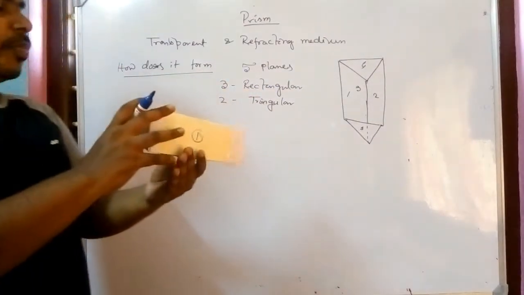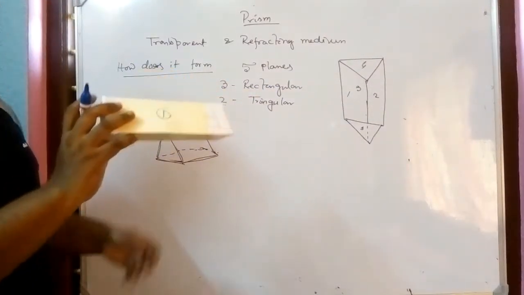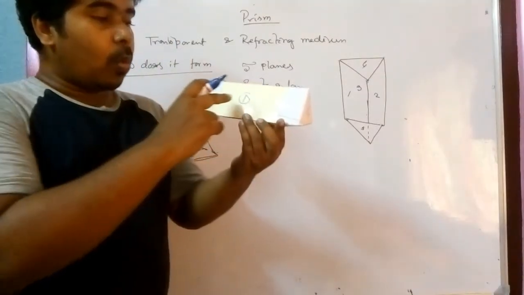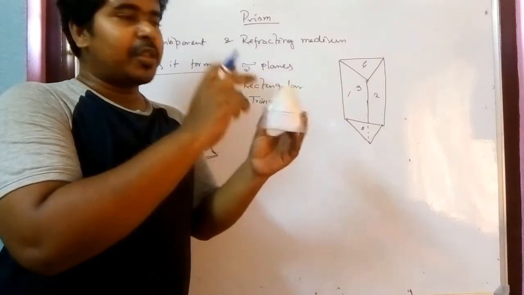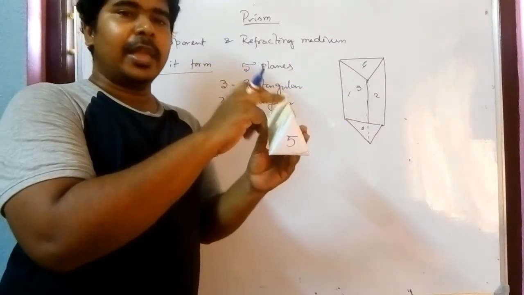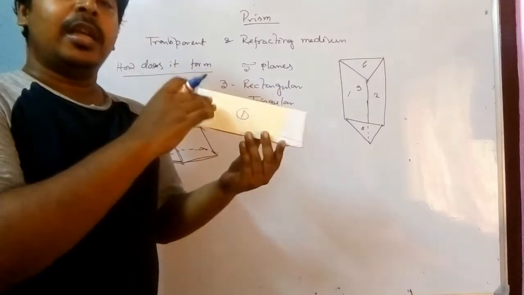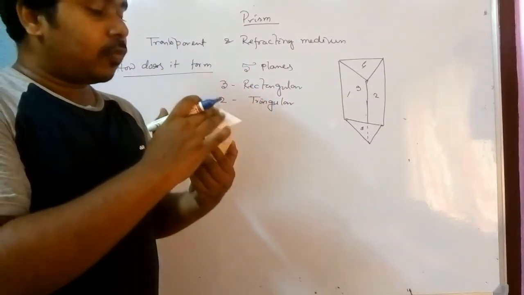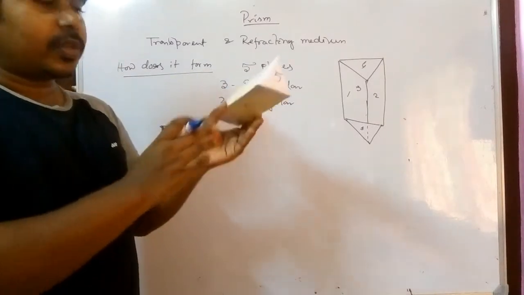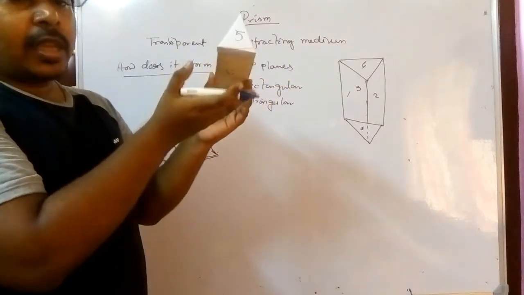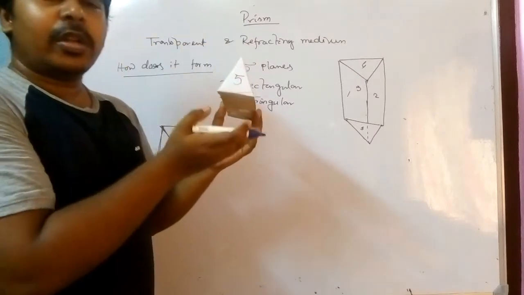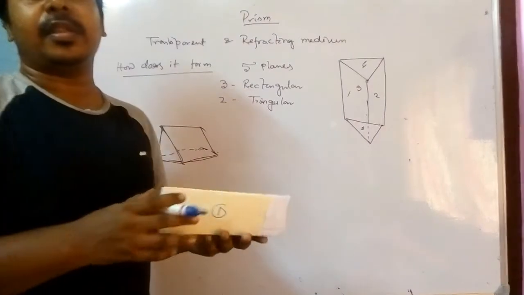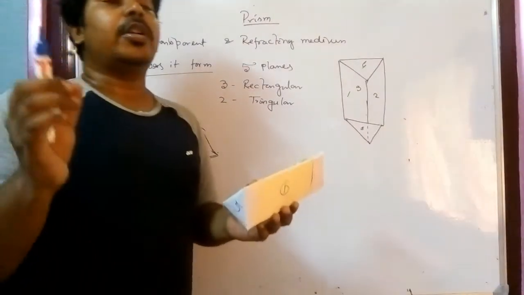Among these, two planes are transparent, that is 1 and 2, the two rectangular planes. The rest, 4, 5 and 3, are non-transparent. Surface 3 is at the bottom, and the triangular surfaces 5 and 4 are also non-transparent.